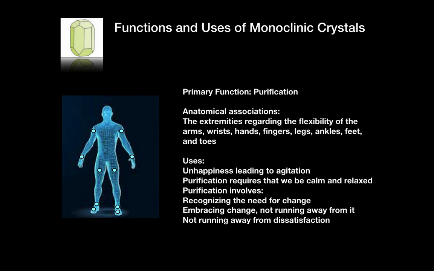Purification involves recognizing the need for change, embracing change, and not running away from it, and not running away from dissatisfaction in general. Monoclinic crystals are also beneficial for unhappiness leading to agitation. Anatomically, they are associated with the extremities and the flexibility of the arms, wrists, hands, fingers, legs, ankles, feet, and toes.